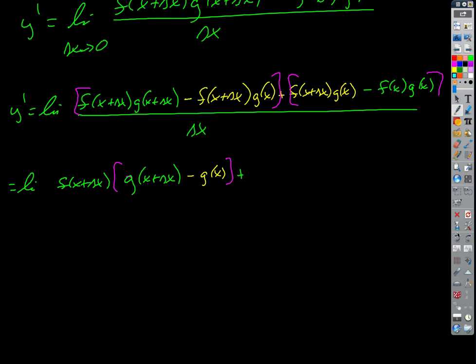Okay, this is right. So I factor out a g of x, and then I'm left behind with minus f of x.